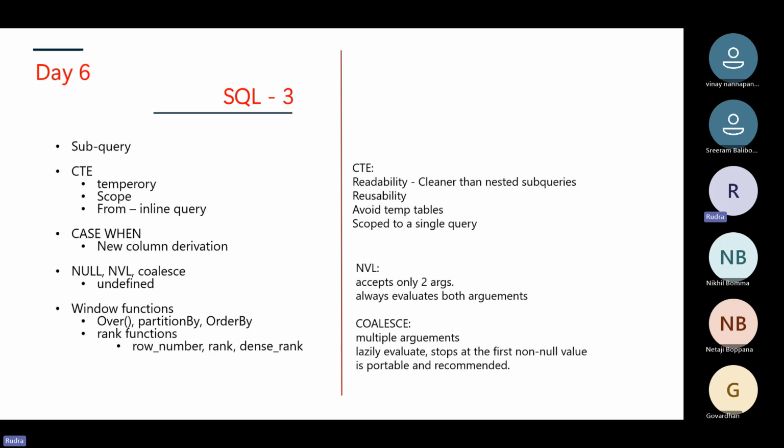Based on partition by and order by, with these clauses we can achieve this ranking, maybe within some group by columns or without grouping, so for the entire data set, for the entire table.